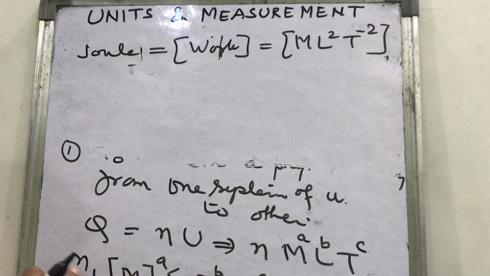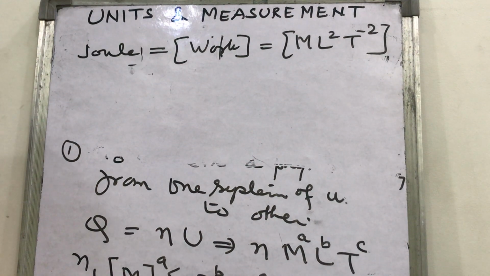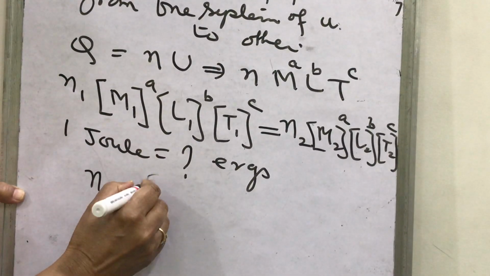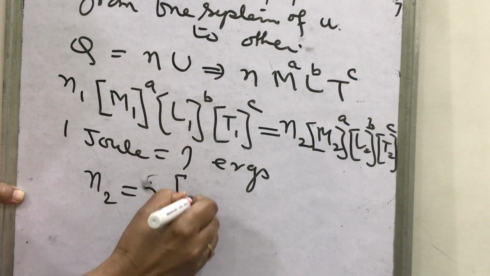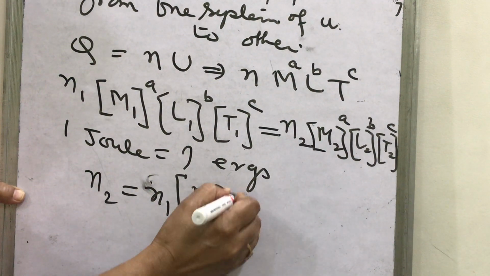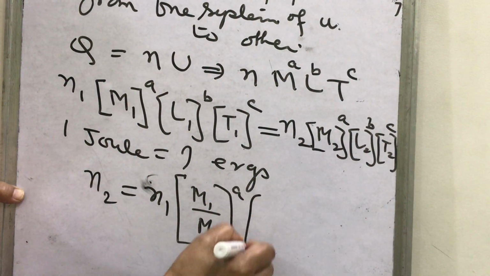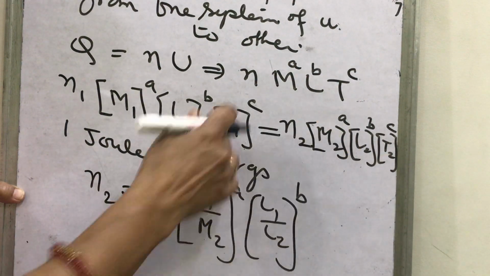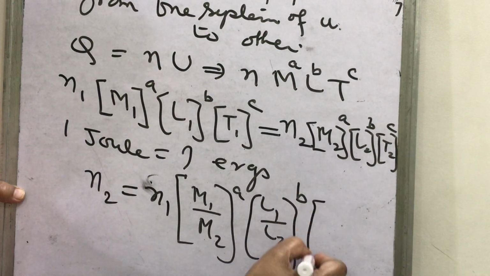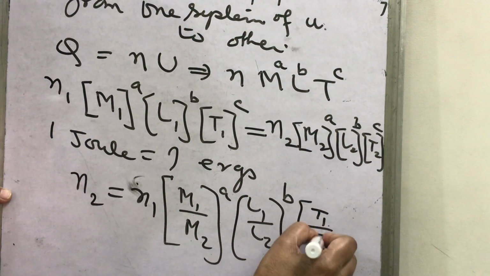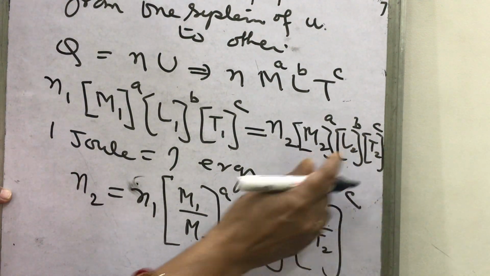So for 1 joule, what is N1? It is 1. From this relation, N2 will be written as N1 times, within brackets, M1 upon M2 to the power a, L1 upon L2 to the power b by transposition, and T1 upon T2 to the power c.